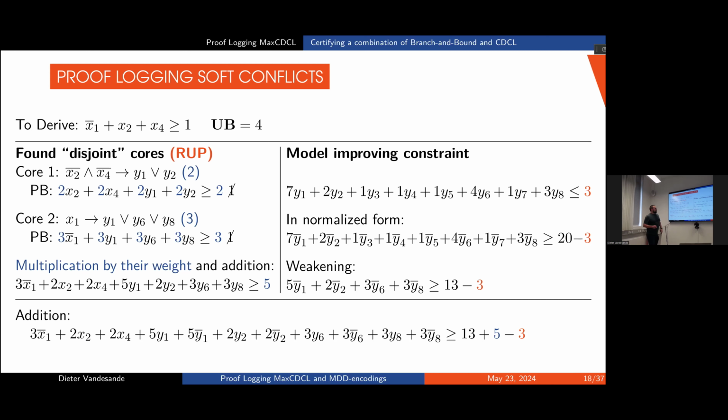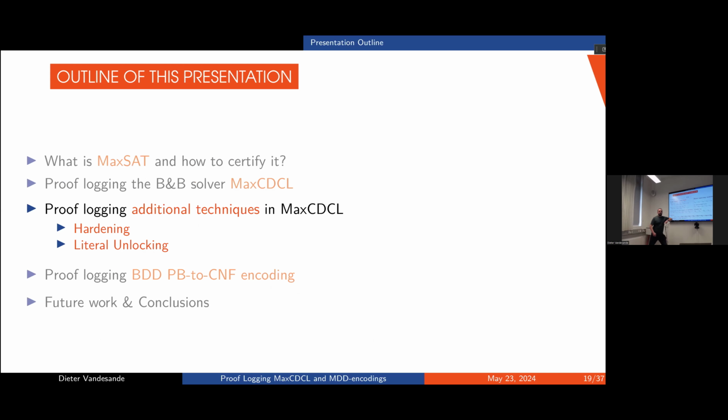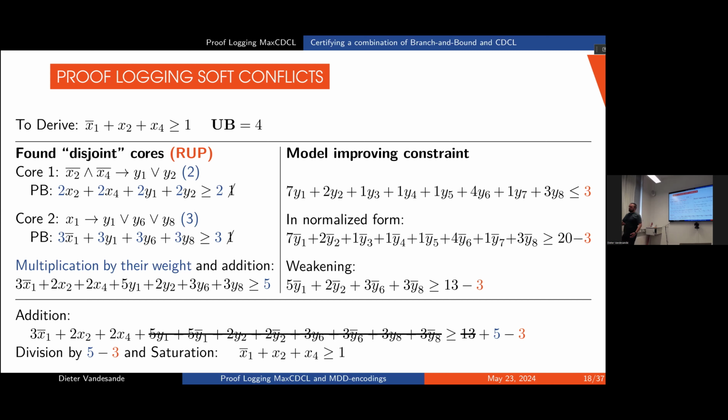So I can cancel them on both sides. Now, if I divide by 5, which is the sum of the weights, minus 3, which is the best found objective value so far, minus 1. Oops, sorry. I get exactly this constraint, which is actually the clause that we wanted to derive.